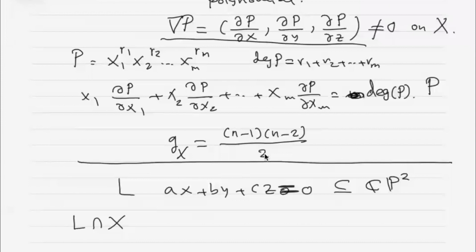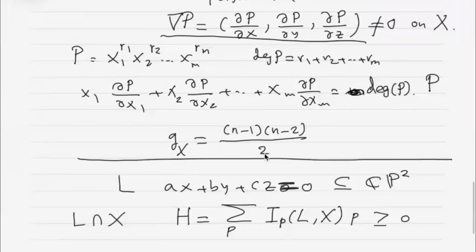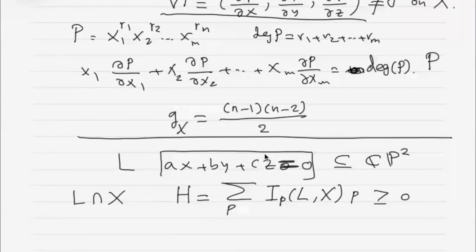So you get a divisor here, which I called h, defined in this way, where I of p is the multiplicity of the point p as an intersection point of L intersection with X. So this is a positive divisor because the multiplicity cannot be negative. And we saw that actually the class of this divisor is independent of the choice of this line.